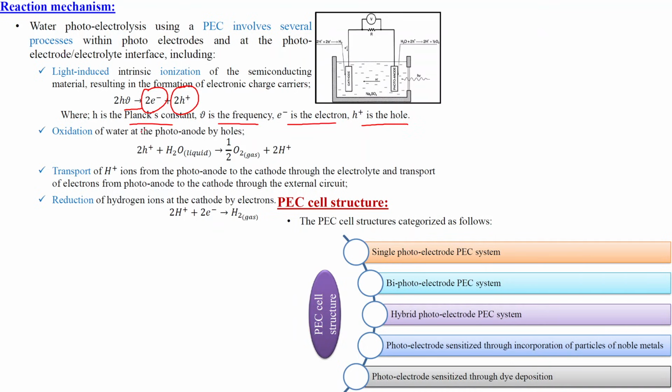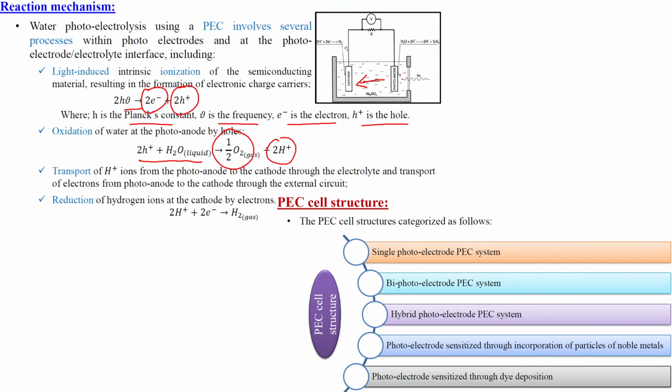Okay, so now this hole is used for the oxidation of water at the photoanode. On the surface of this photoanode, the water uses holes for oxidation and produces oxygen. So oxygen is produced at the anode surface, and two protons are produced. These protons shift towards the cathode.